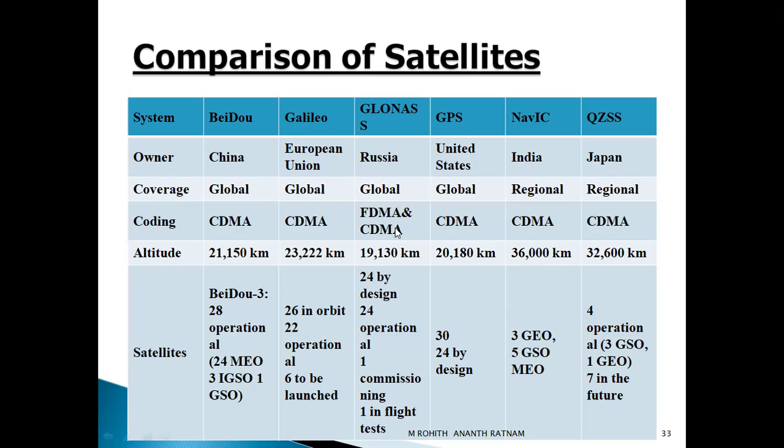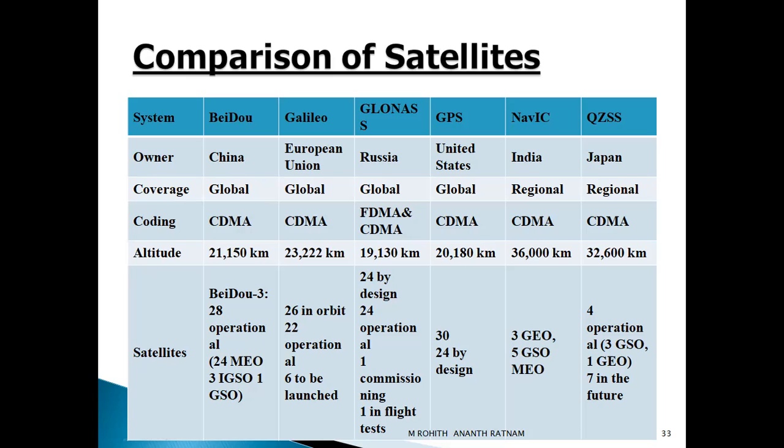Only the Russian satellite is at about 19,130 kilometers. And China has 28 satellites right now: 24 satellites in MEO orbit, 3 satellites in geosynchronous orbit, 1 in geostationary orbit.